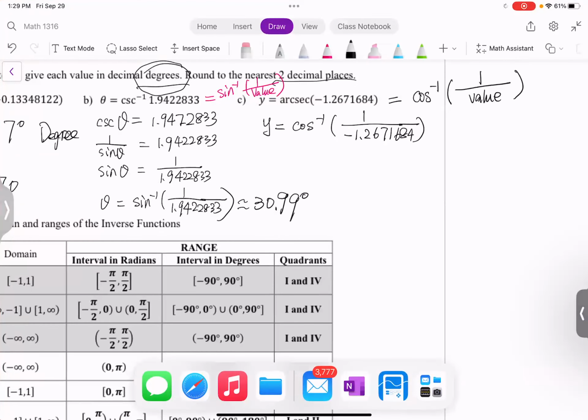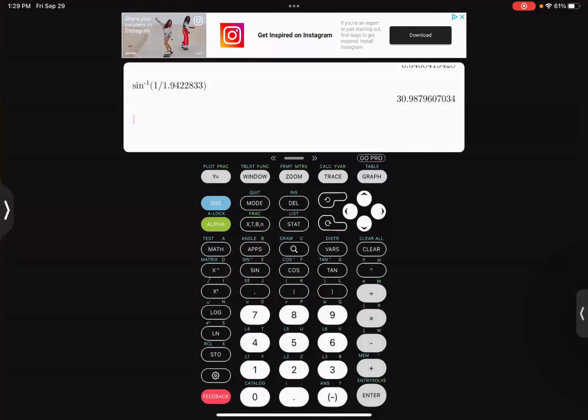So we are using the inverse cosine, 1 divided by negative 1.2671684. If there is no mistake here, this one should be my solution. Then hit enter.